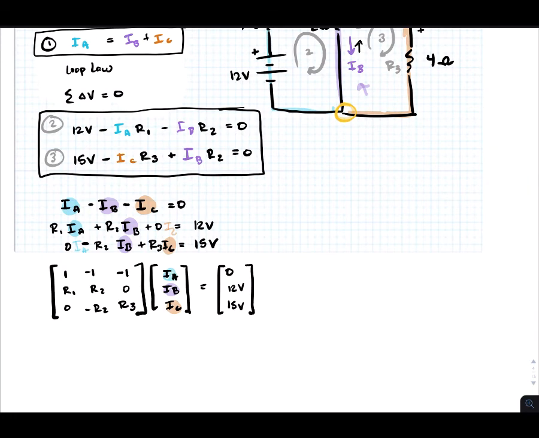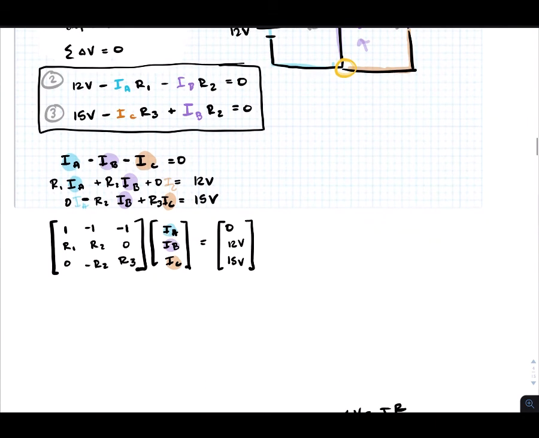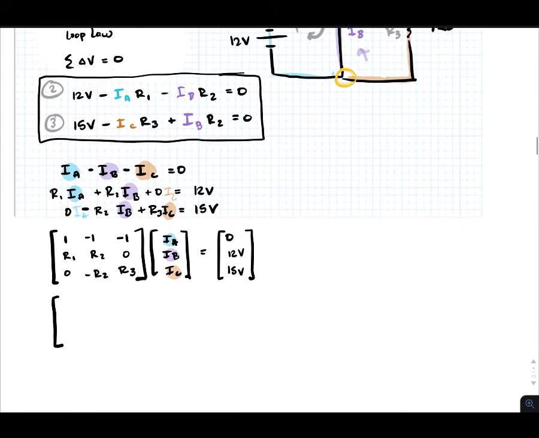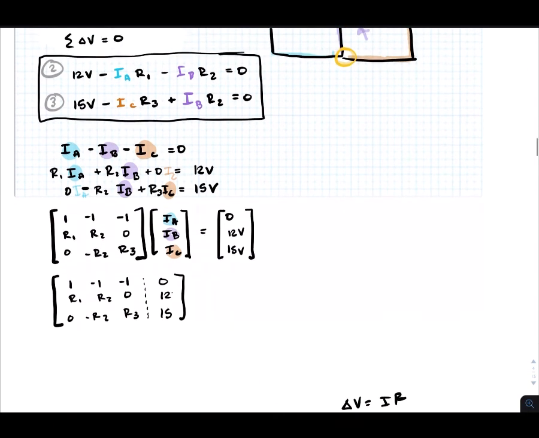Now once you have it like this, you can rewrite this as an augmented matrix. And then we can plug in our numbers.